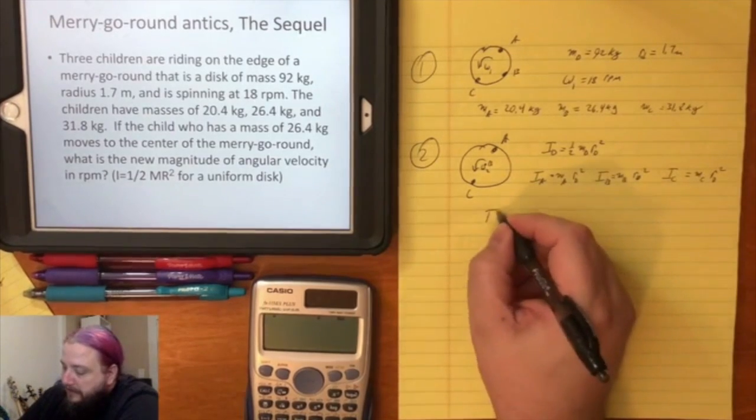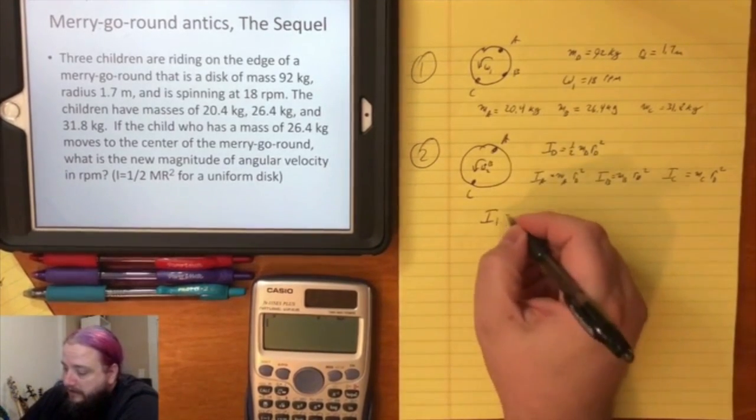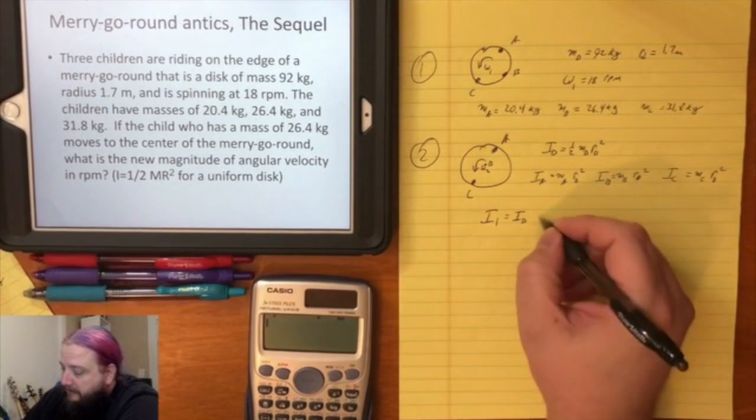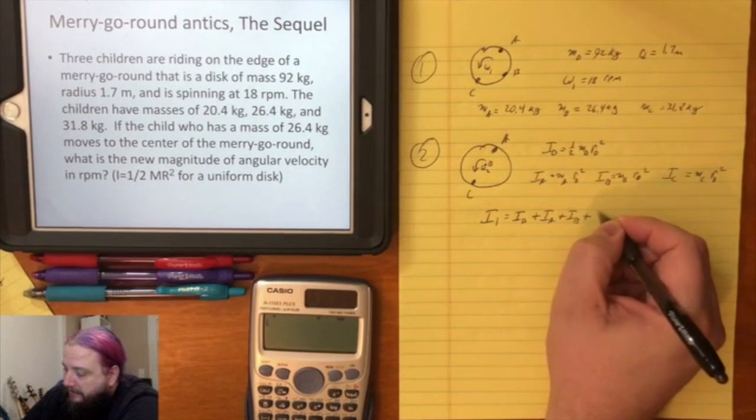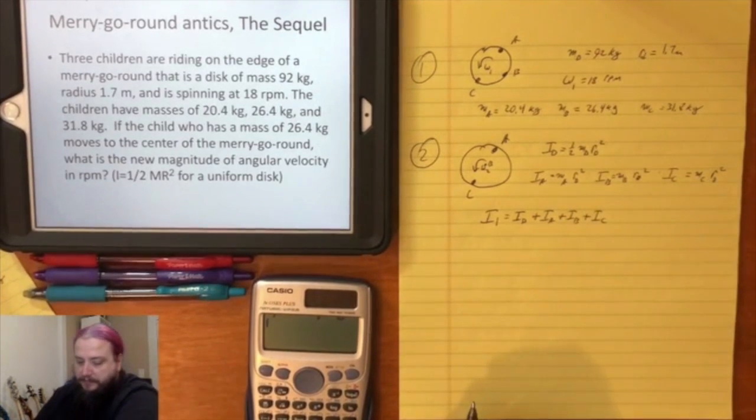And the rotational inertia at moment 1 is just going to be the disk plus A plus B plus C.